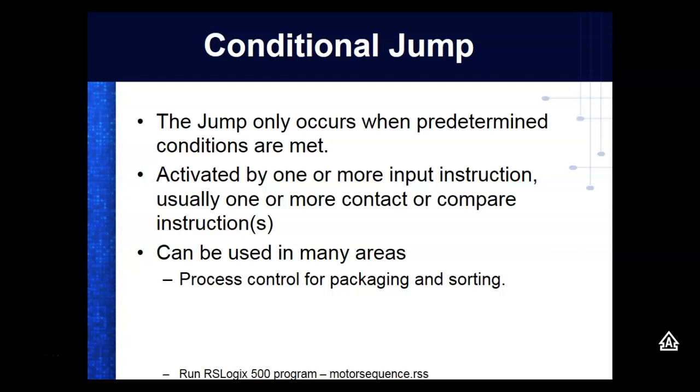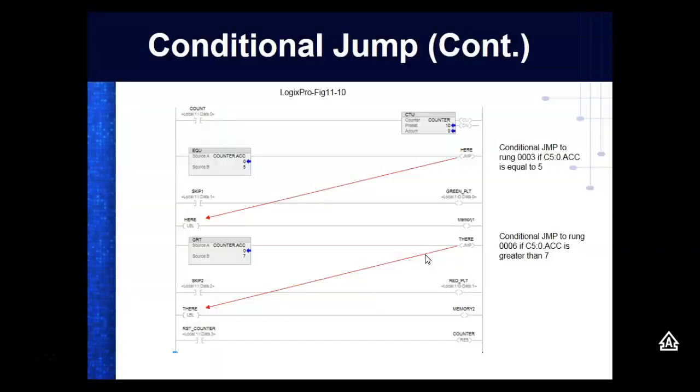Can be used in many areas. So this is an example where we're doing a conditional jump. So the instruction in rung 1, if it's equal to it, it'll jump over the next instruction, right?